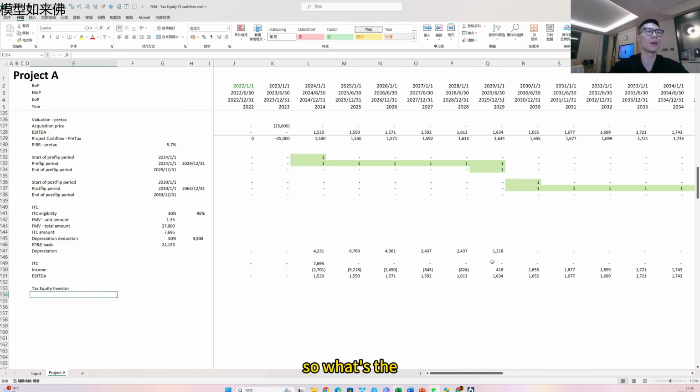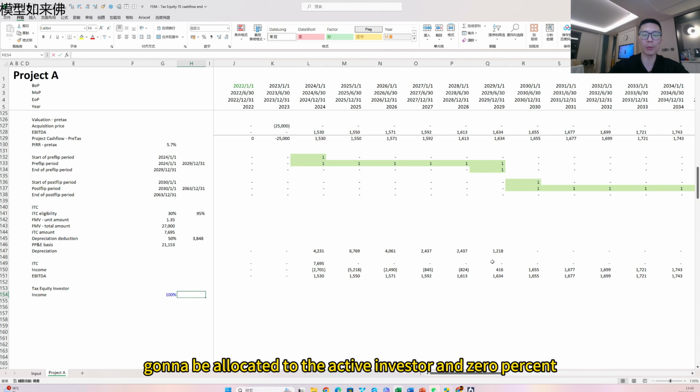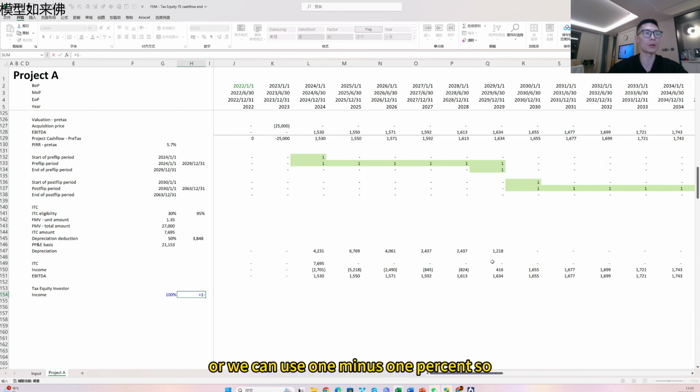So what's the income? Let's assume that during the pre-flip period, 100% of the income is allocated to the equity investor, and 0% is applied after the flip, or we can use 1 minus 100%.